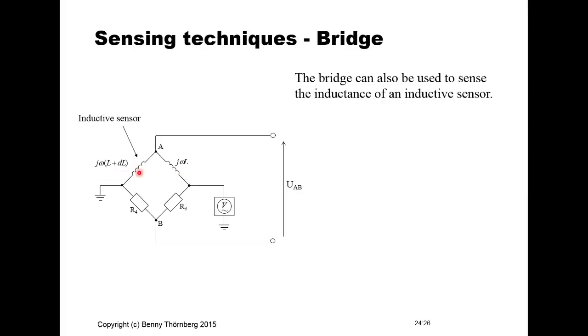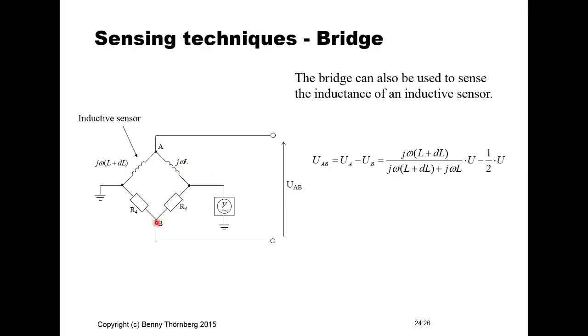So if the inductance is at the reference level for the inductive sensor, then the output will be equal to 0. And we can form the corresponding expression for the output voltage as UAB, UA minus UB, and this expression here is based on the voltage division through these reactances, and it is of course then assumed that there is no kind of magnetic coupling between those 2 inductances.